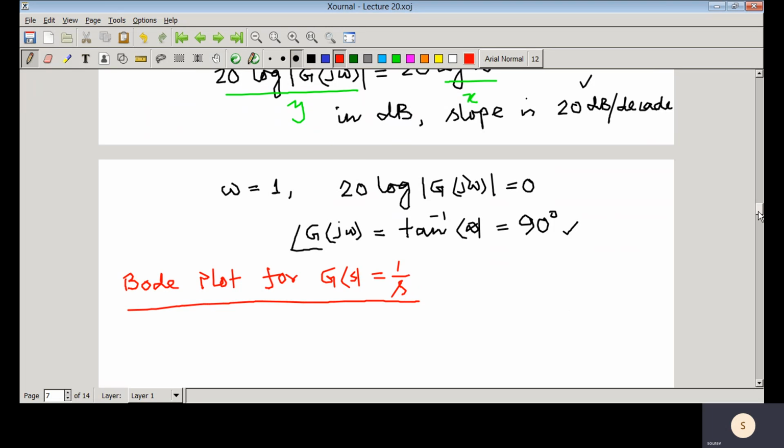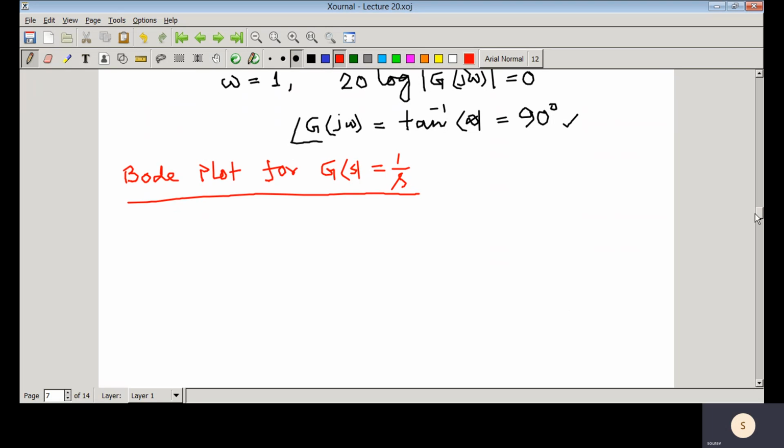In this case, what would be the magnitude and phase plot? G(j omega) is 1 by j omega. So it can be written as 1 by omega, and as j omega is in the denominator, the angle will be minus 90 degrees.